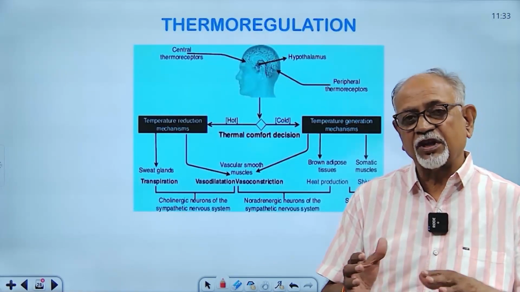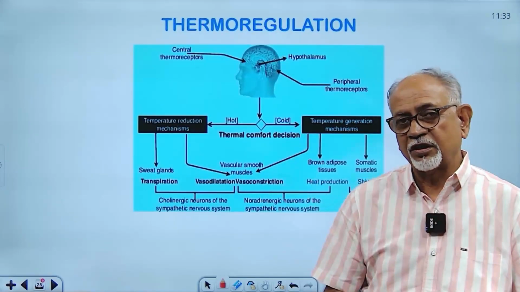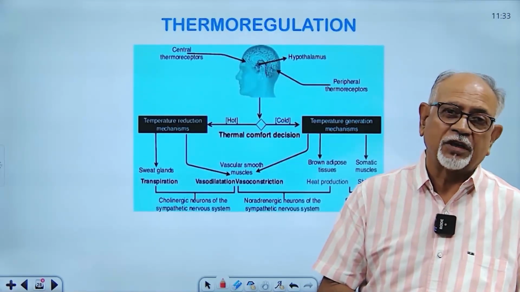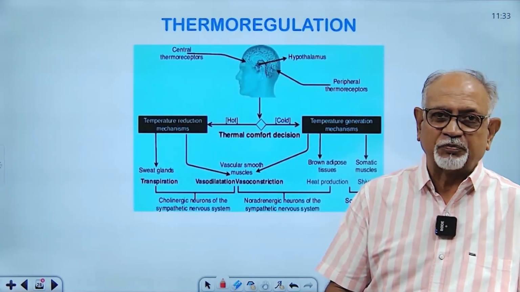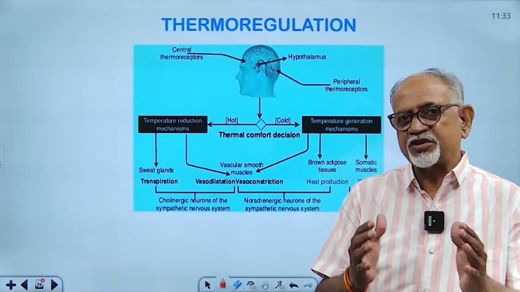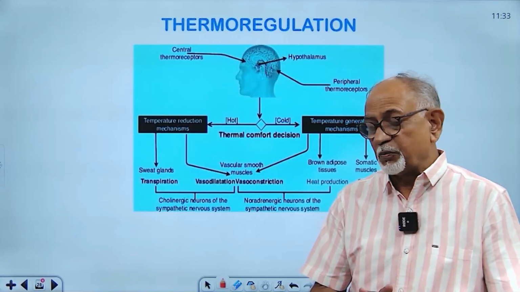When that sweat comes onto the surface of the body, due to evaporative cooling, the body gets cooled, and thus the temperature of the body is maintained.